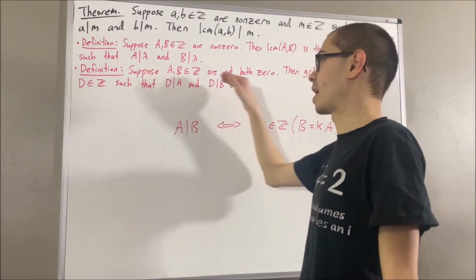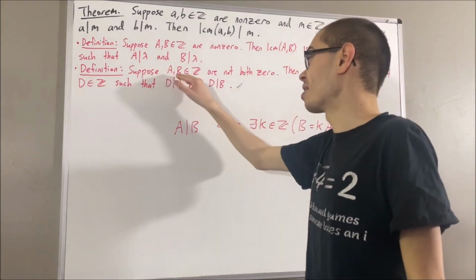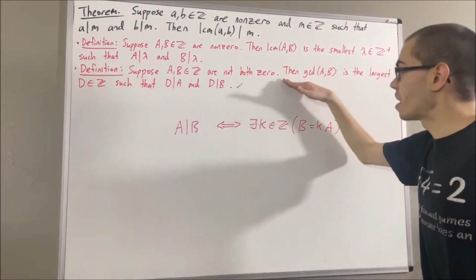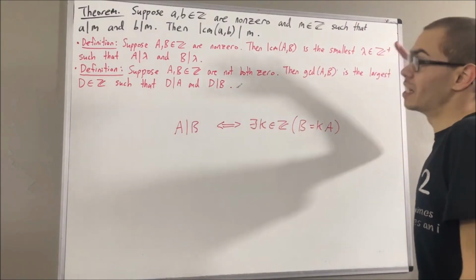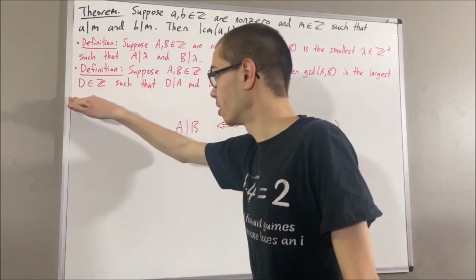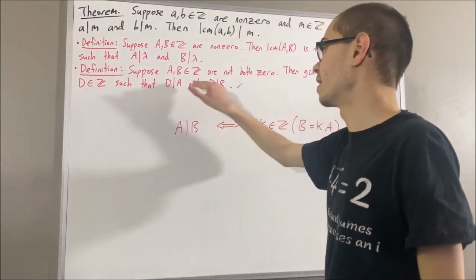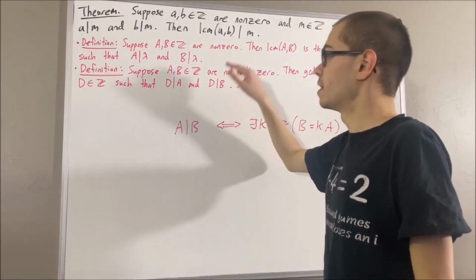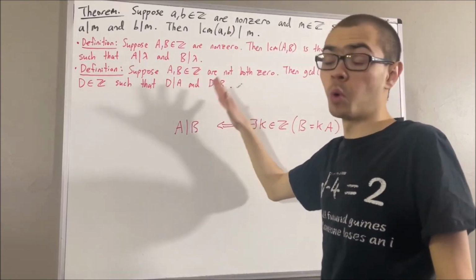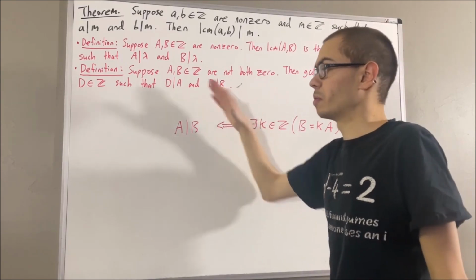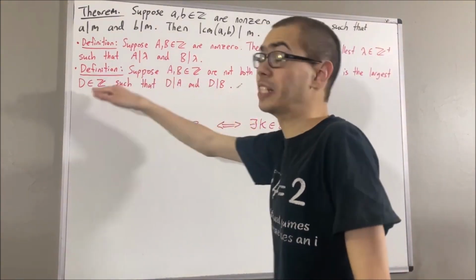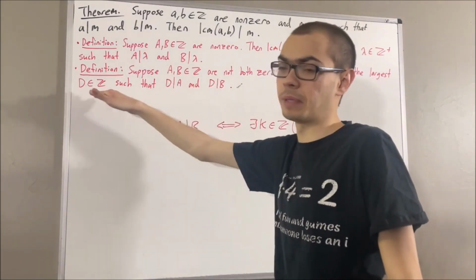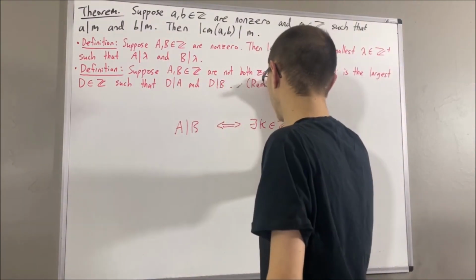Our definition of greatest common divisor is, suppose a and b are integers that are not both zero. Then the greatest common divisor of a and b is the largest integer, d, with the property that d divides a and d divides b. Now, since 1 divides a and 1 divides b, and d is the largest integer with this property, d must be greater than or equal to 1. So it immediately follows that d must be a positive integer.